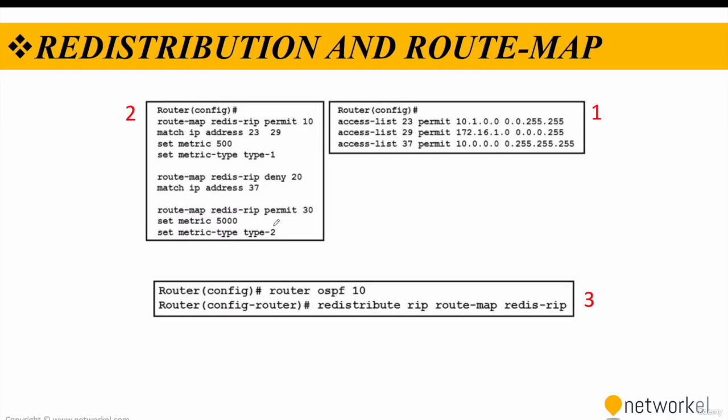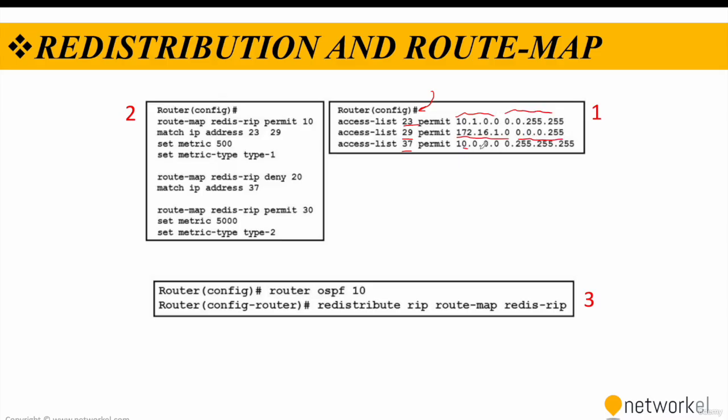And I have redistribution and route map usage. That is another example. So let's have a look at this configuration. In config mode, I'm defining some access lists: 23, 29, 37, and these are matching particular IP addresses.